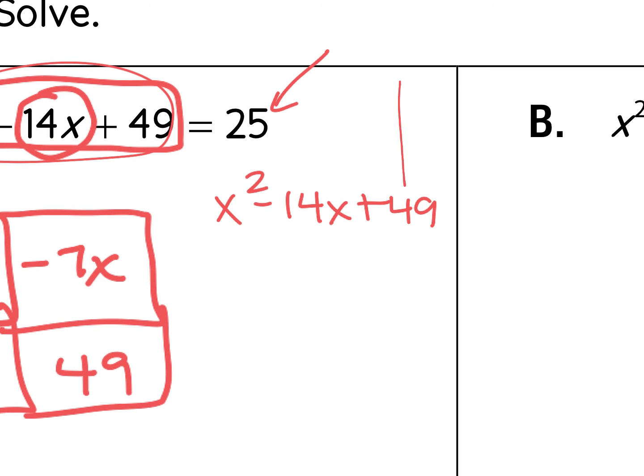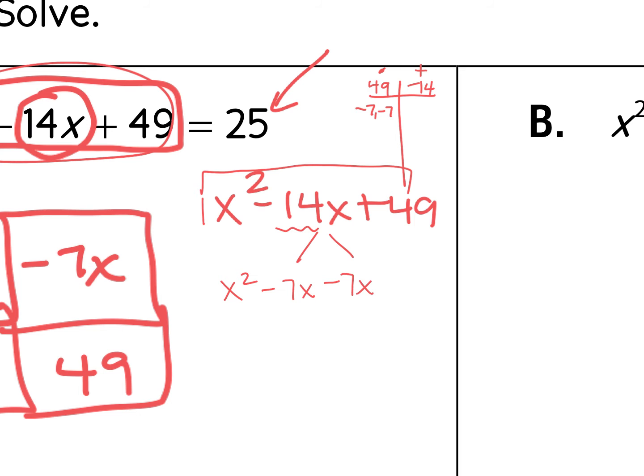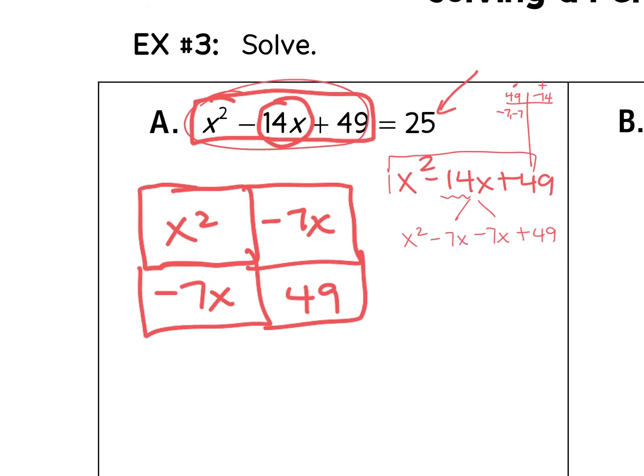We want to multiply to be 49 and add up to be negative 14. If we multiply 1 times 49, we get 49, and we want to add up to be negative 14. Well, that's negative 7 and negative 7. So if I split that up, x squared minus 7x minus 7x plus 49 is exactly what I had in the box over here to the left.